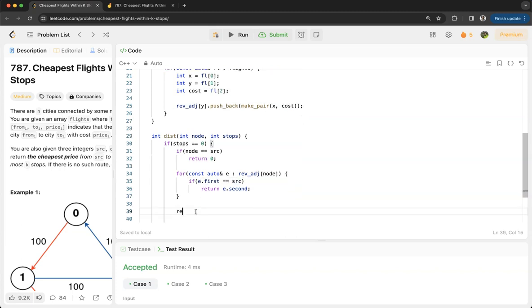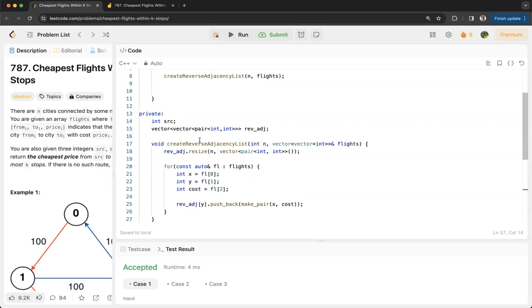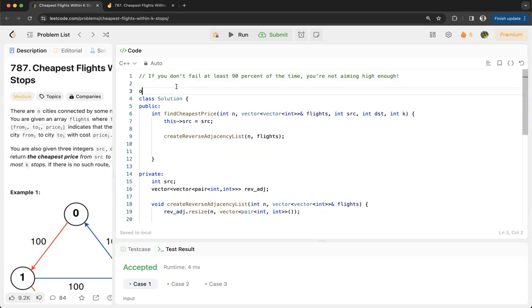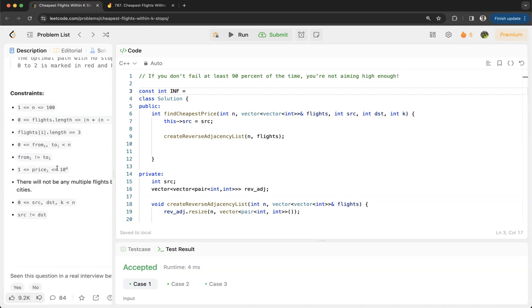And then here we just return infinity, because we couldn't find a direct edge from source to node. And we define infinity here to be a big number that is bigger than 10 to the 4 times 10 to the 2, so we can have 10 to the 8 or something.